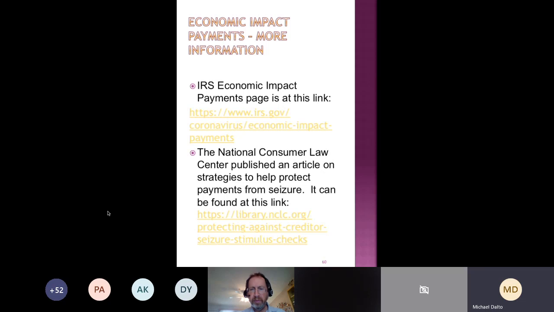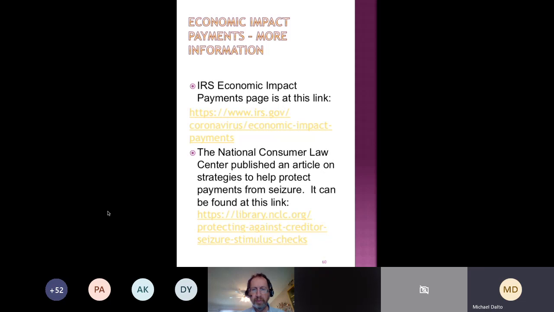We don't know if there will be glitches or problems or delays that will cause the IRS to be overwhelmed and unable to send out payments as quickly as they're anticipating. You don't want to tell somebody when their payments should be received. Why not? Because if they don't get them when they're supposed to, they're going to blame you.